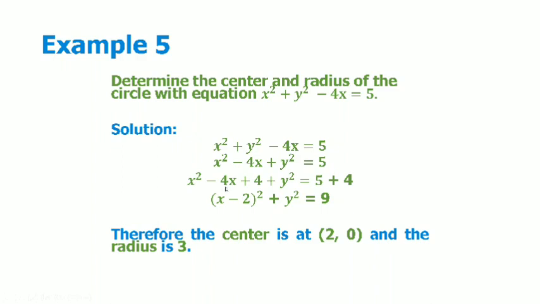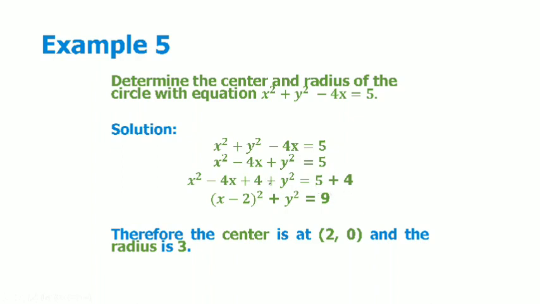And then we will square negative 2. So negative 2 squared is equal to 4. And 4 is added to both sides of the equation. So we have now x squared minus 4x plus 4 plus y squared equals 5 plus 4.